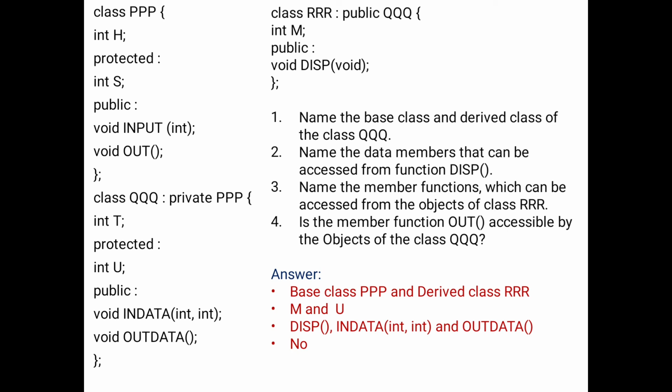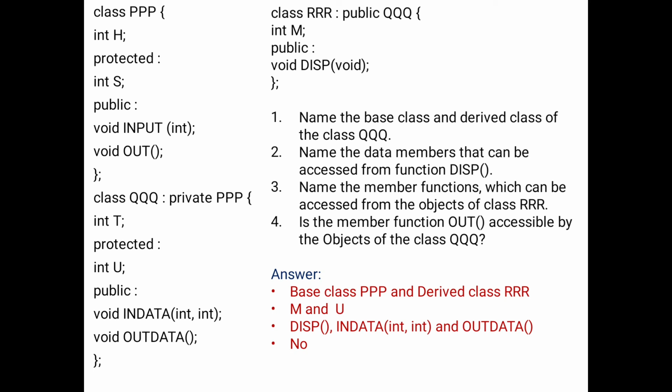So m can be accessed by the function DISP, as well as the protected data member int u, because when it is inherited publicly by the class RRR, the access specifier will not change, it will remain protected, and protected data members can be accessed by the derived class.